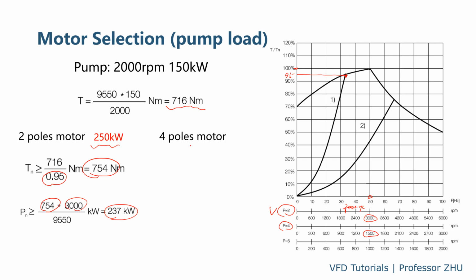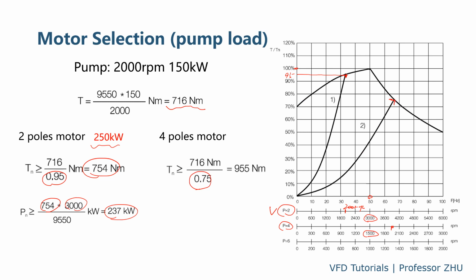The four-pole motor synchronous speed is 1500 RPM. So for the pump speed of 2000, it would be like here. This point is 2000 RPM for the four-pole motor. You can see at this point the torque is about 75%, because this area is what we call constant power.